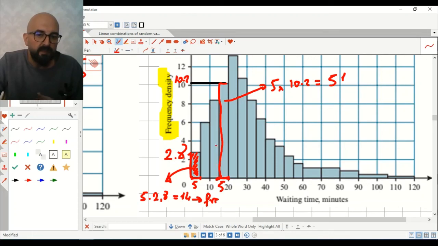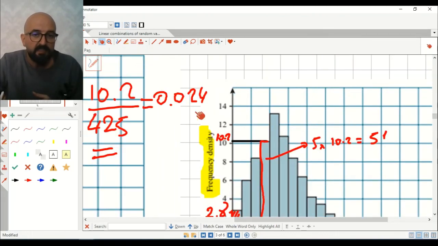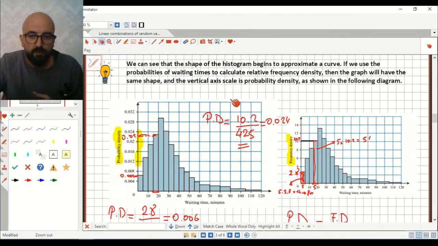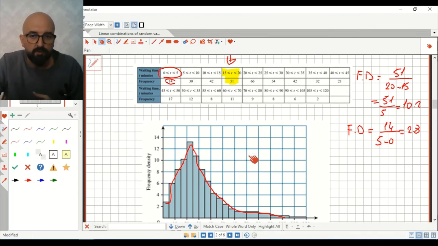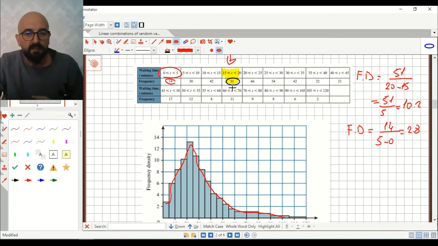So area gives you frequency. For example, if you look at this table at interval 15 to 20, you can see your frequency is 51 patients.